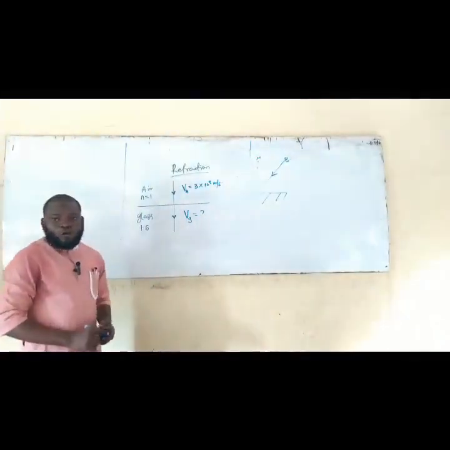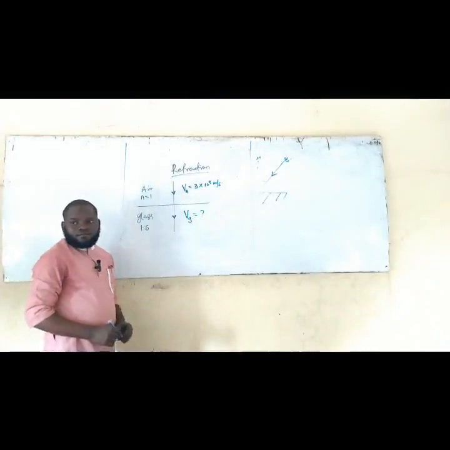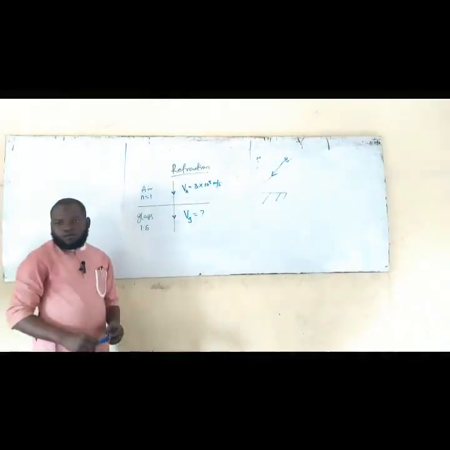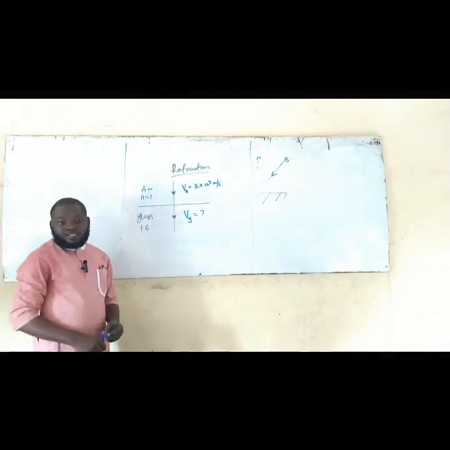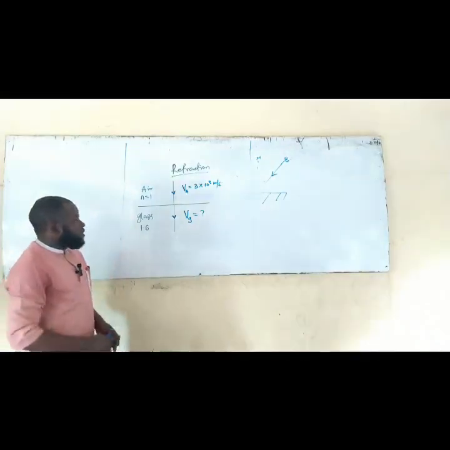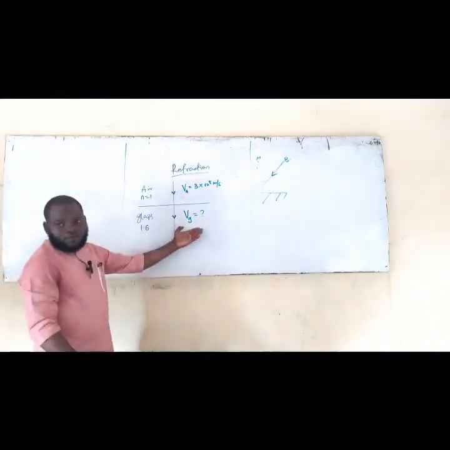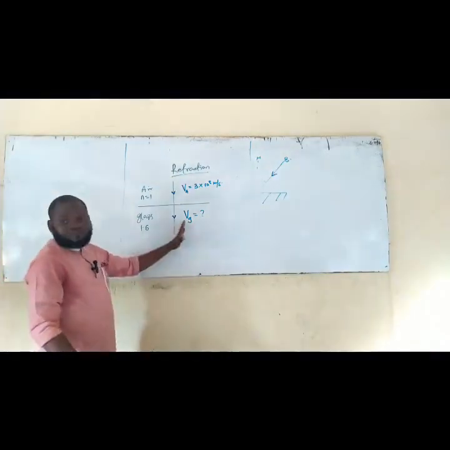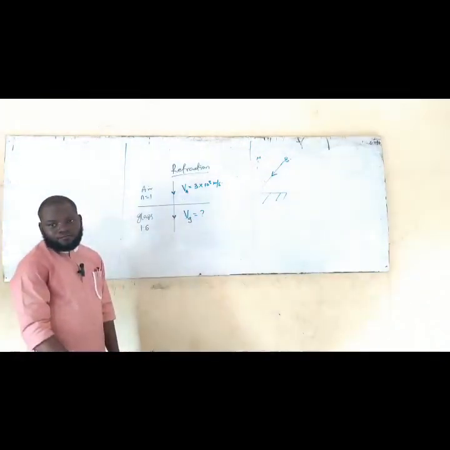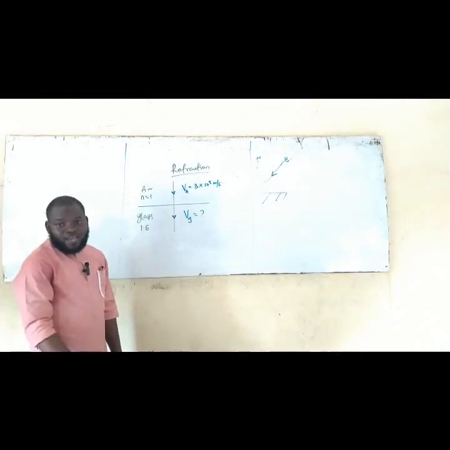For us to know, we need to revert to what we call Snell's law. Snell's law can help us to know the speed of light in glass. So how do we get that?